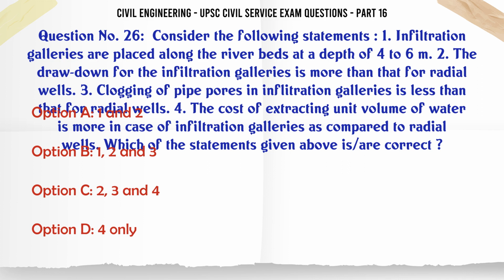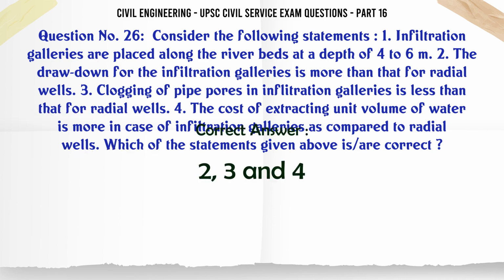The cost of extracting unit volume of water is more in case of infiltration galleries as compared to radial wells. Which of the statements given above are correct? A 1 and 2. B 1, 2 and 3. C 2, 3 and 4. D 4 only. The correct answer is 2, 3 and 4.